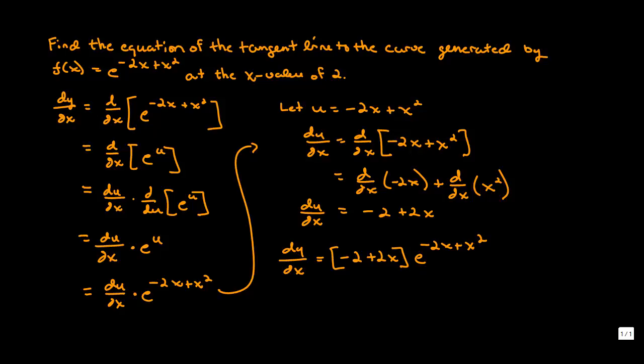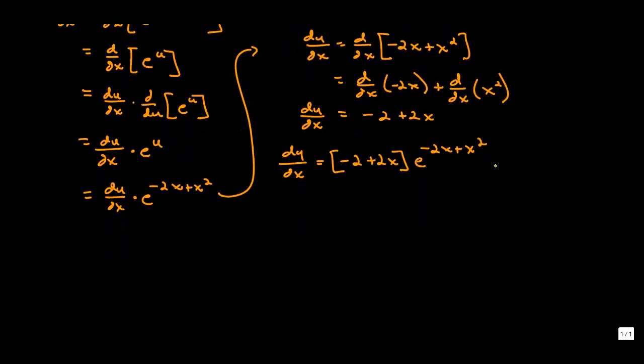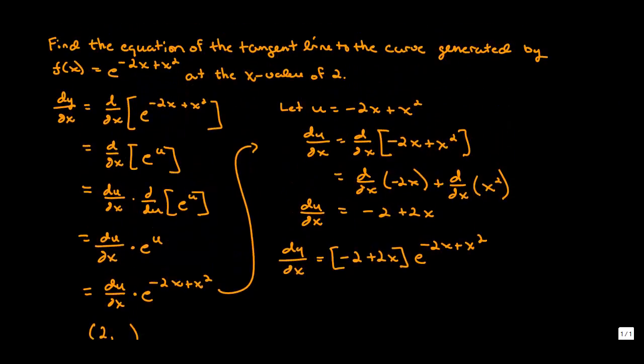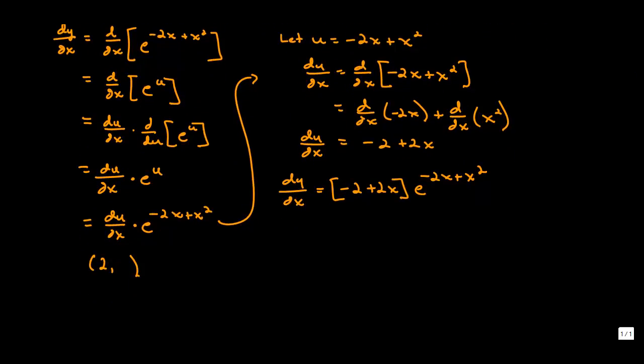So let's go ahead and continue this. Okay, so let's scroll down here. So here we've got our derivative. Now we want to evaluate it at 2. Okay, so let's just kind of figure out what's going on here. What I've got is 2, something, is a point on the original curve. So let's take our original function and evaluate it at 2.